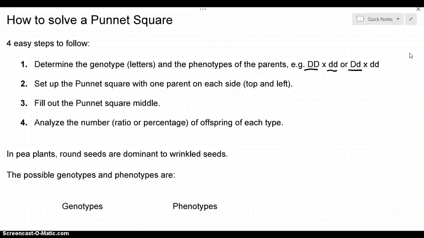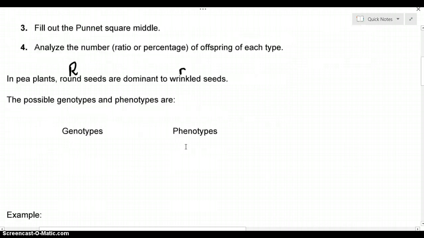In pea plants, round seeds are dominant to wrinkled seeds. So that means round seeds are dominant and wrinkled seeds are recessive. In order to determine the letter that we're going to use, we look at the dominant trait, round, and we say, right, we are going to give a capital R to round seeds and a small r to wrinkled seeds.